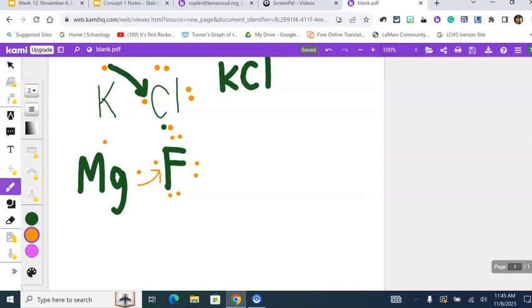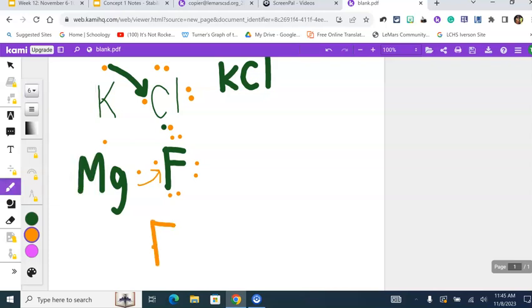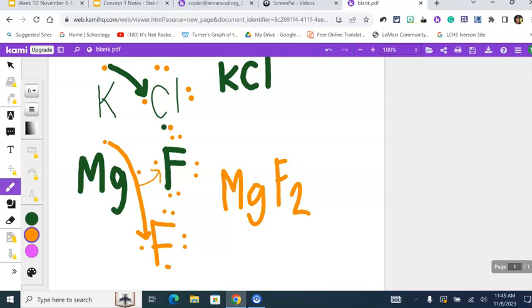I have an extra, which means what do I have to do? Add an extra what? Fluorine. So I add an extra fluorine with its 7 around it. Now what happens? I can give there. What's my chemical formula? What's my ratio? 1 Mg, how many Fs? 2.